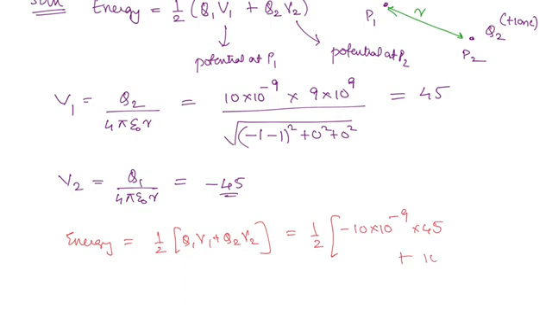It is plus 10 nanocoulomb. Okay. And V2 is minus 45. So both of them we are getting negative values. Okay. So this you are going to get, the final answer is going to be minus 450 nanojoules. Okay. Nano because there will be a 10 to the power minus 9 term. Okay. So this is the final answer. This is the energy of the system.